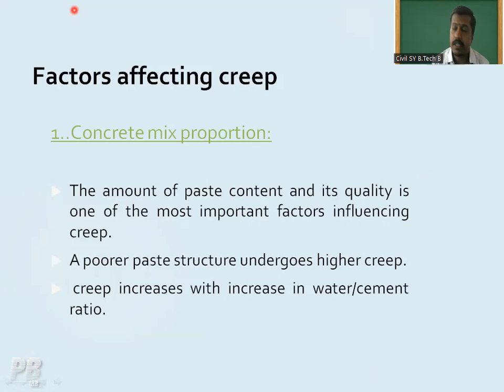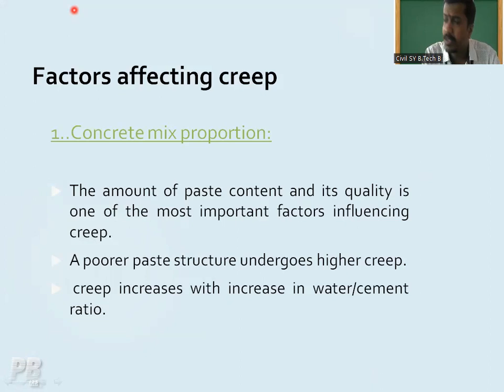If you take it in a wrong proportion, then definitely you are giving some support to increase the creep in the concrete structure. Ultimately you are responsible for increasing the creep which is going to happen in the concrete body. So take your mix proportion as per your design.